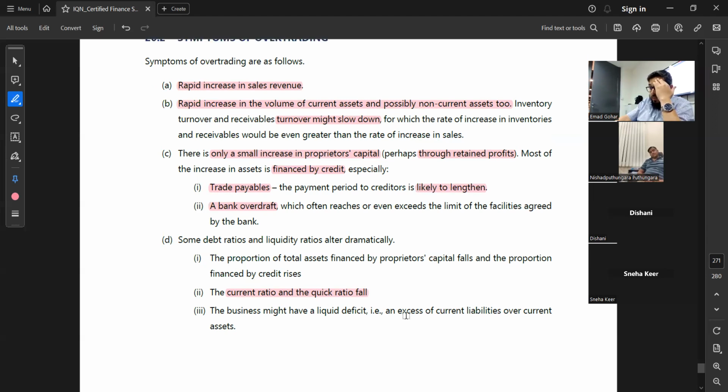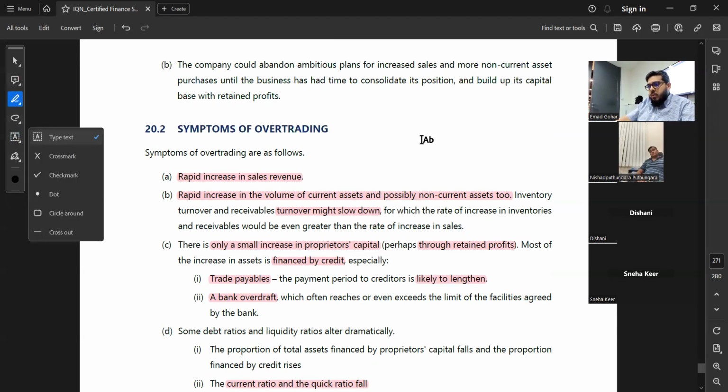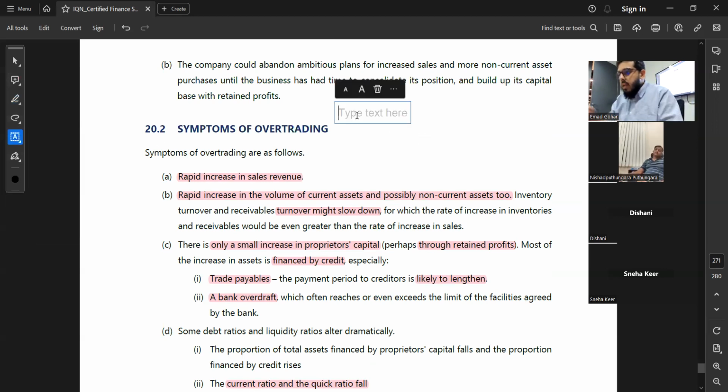And again, see, they are saying liquid deficit. What is liquid deficit? Excess of liabilities over assets. Simple. We know this. Our liabilities are more, assets are less. As simple as that. Clear? So even you can write here if you want to remember this. Make notes and highlight with me.